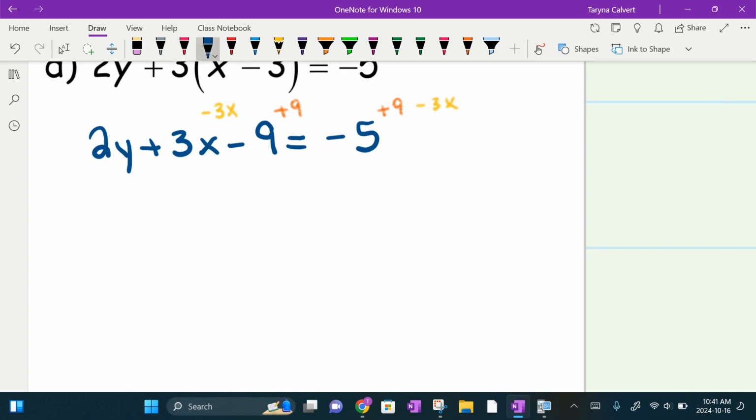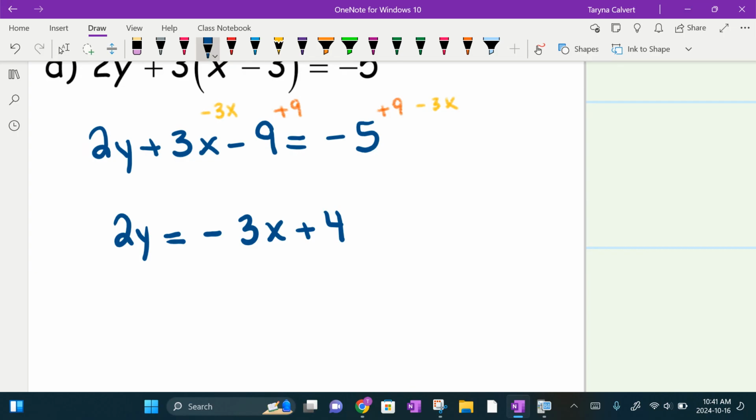So now I have 2y plus 3x minus 3x is gone from the left side. Minus 9 plus 9 gone from the left side, but they are now on the right side. So I have a minus 3x, because it doesn't have a like term to go with. And then minus 5 plus 9 is plus 4.